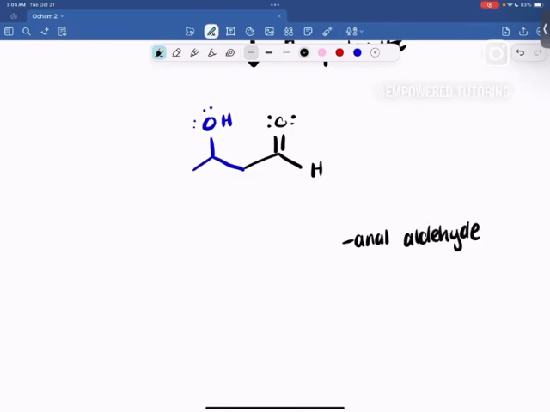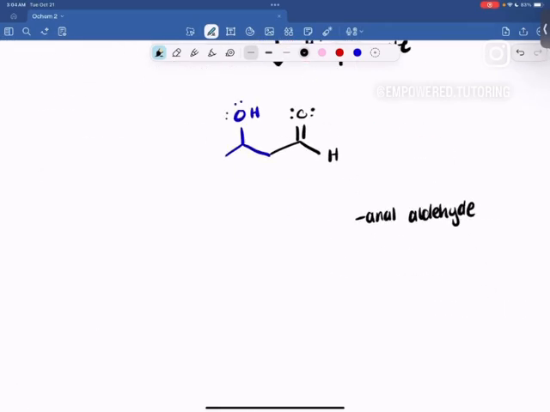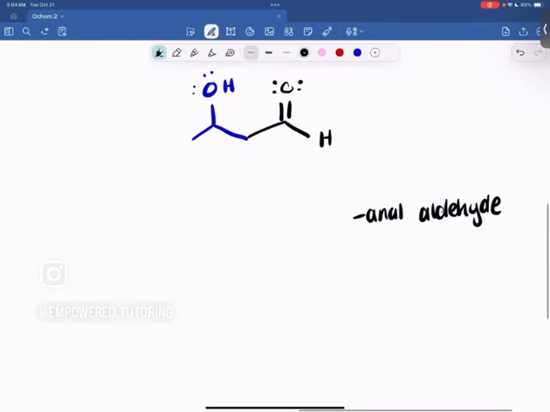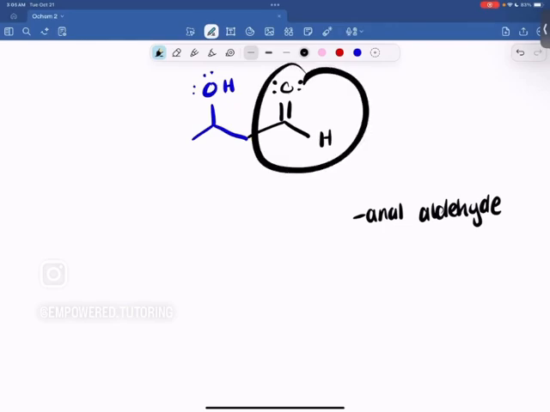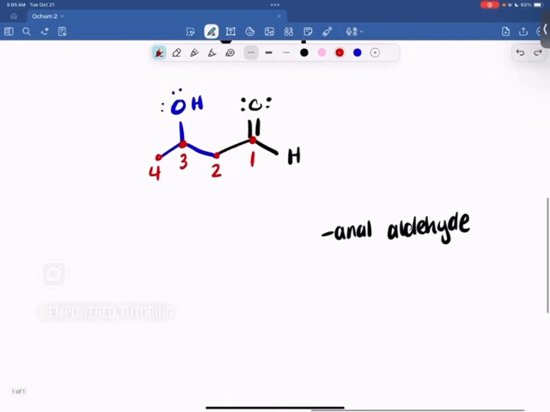If you used a ketone or two ketones, you would end in -one. For this structure, since the aldehyde is the highest priority, we start numbering our carbons from the carbonyl.